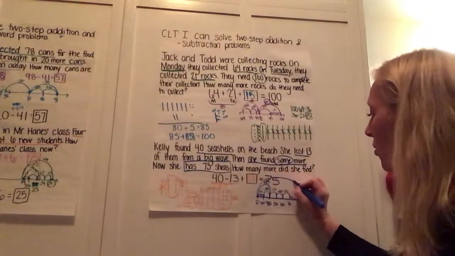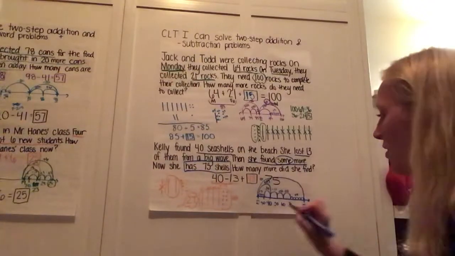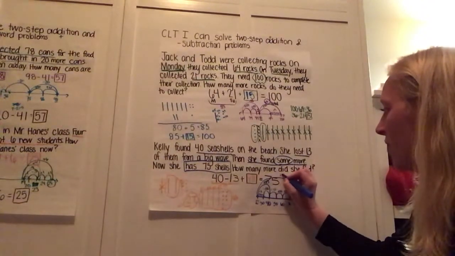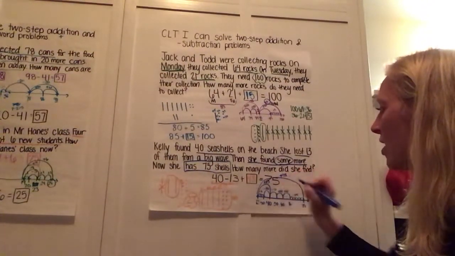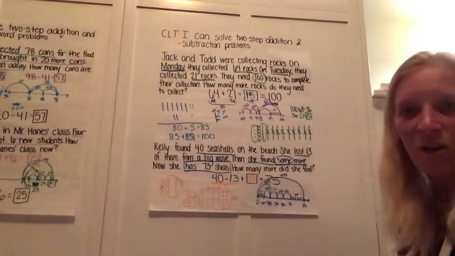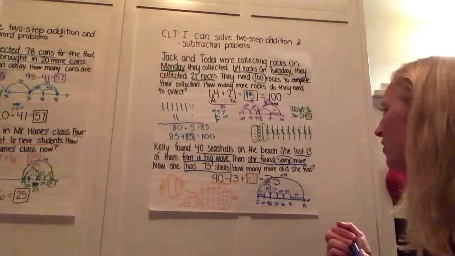So that whole shebang from 27 to 75 was 48. And there's that 48 to get us to 75.